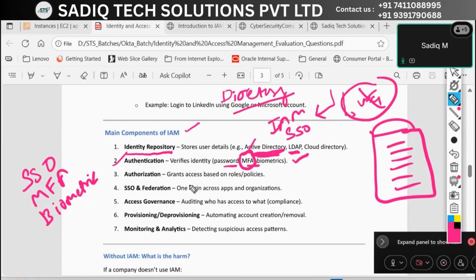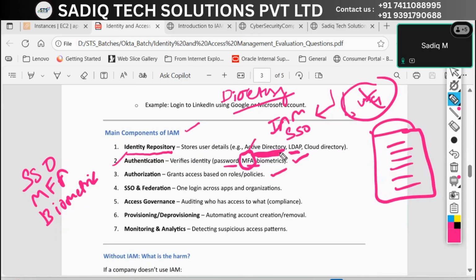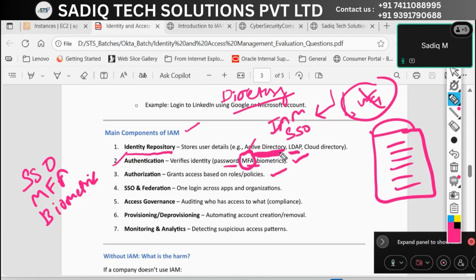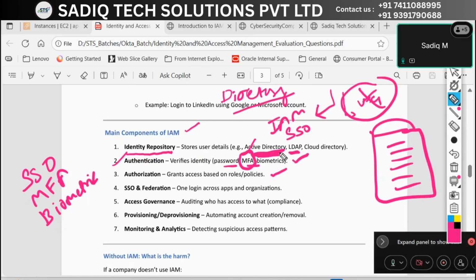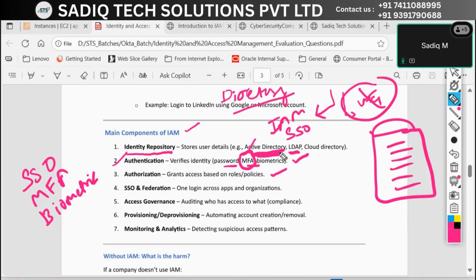Authorization means granting access based on roles. So the same example actually. Authorization means once you log into the application, what level of access you have. All users will not have the same level of access, based on role and group, right? Suppose you are a VIP club member, right?